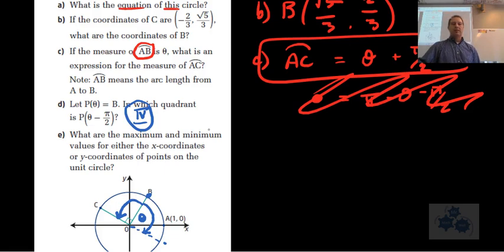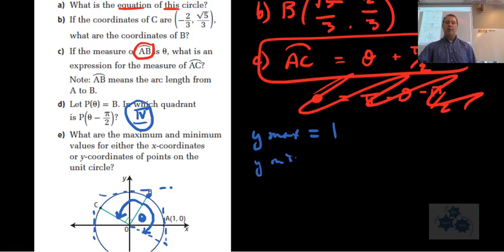And then E, what are the maximum and minimum values for either the x coordinates or the y coordinates of points on the unit circle? If we're talking about maximum values, we're talking about how high the circle goes up in y, and how far it goes along x. So for the unit circle, y max is positive 1, y min is negative 1, and so on.